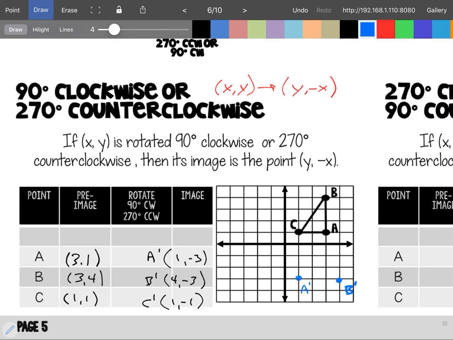And then C prime was 1 right, 1 down. There's C prime. And then we're just going to connect the dots on this thing here. And so the one with the primes, A prime, B prime, C prime, that triangle is our image. So the black one is the original one, that's called the pre-image. And then the blue one is the image.